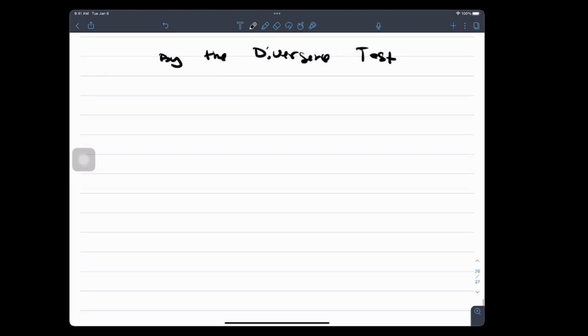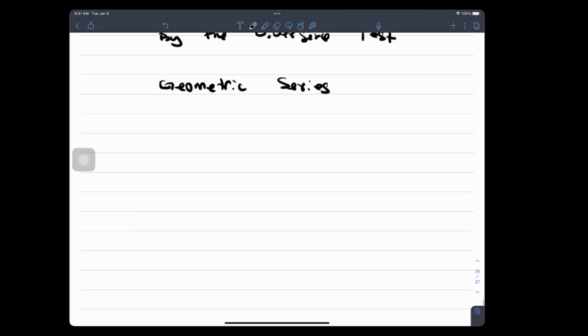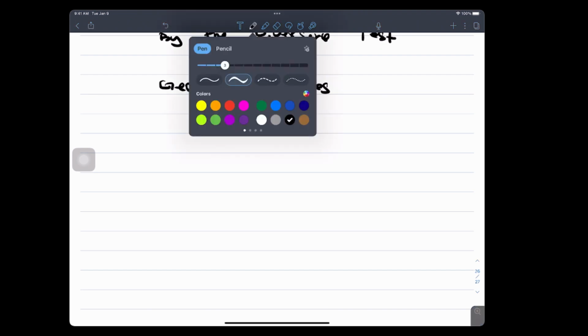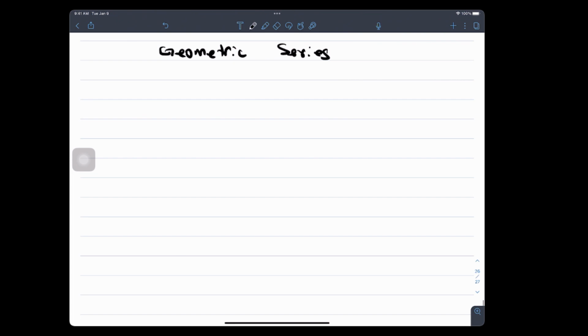Anyway, so we can do some backtrack on some special geometric series. They'll say the following. For what x do you have convergence?